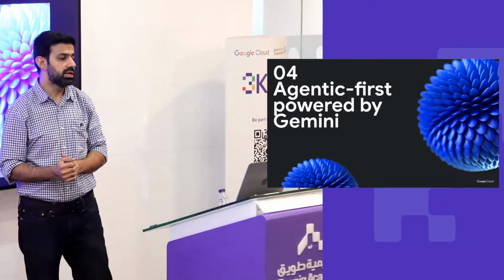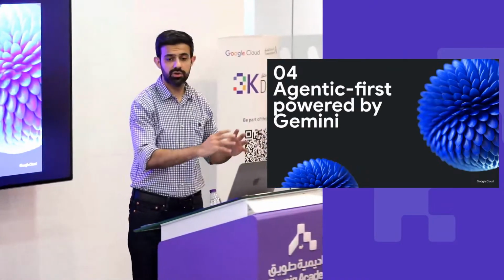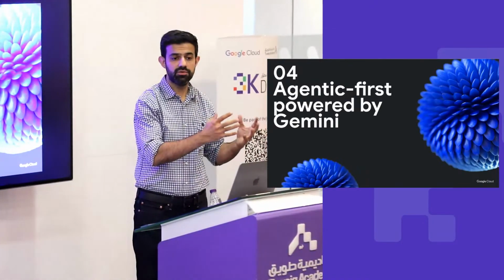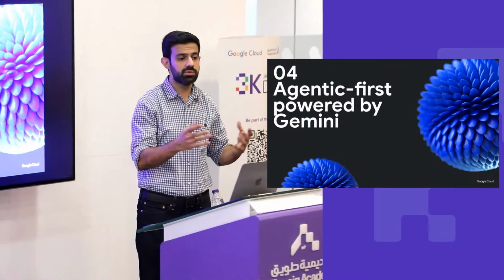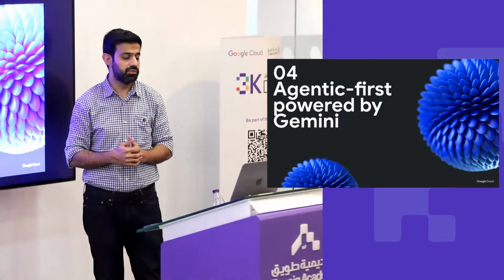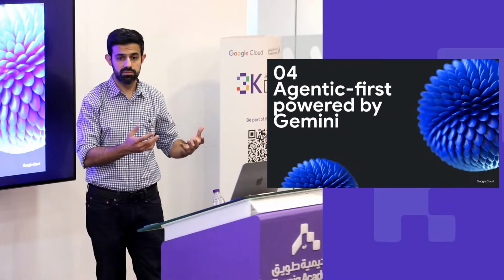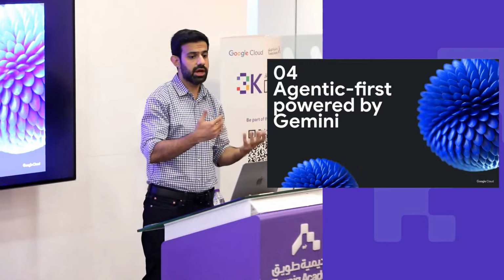Agents could be of multiple types. One type of agents are just the out-of-the-box agents that we have in every tool. You might be interacting with them today, but you don't know them. For example, if you start to use any of these AI tools to create code, you are actually interacting with an agent.